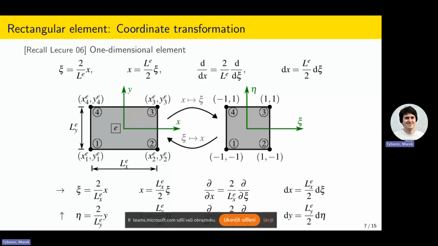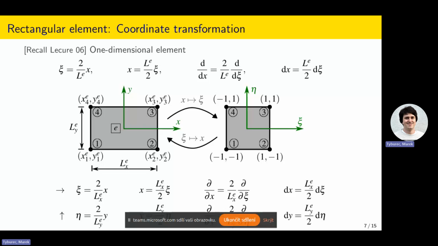Again, we can check that if we plug 1 here, we get 0. And if we plug -1 here, we get 1. So that's the mapping from this element with general length to an element which has predefined length 2, from -1 to 1.